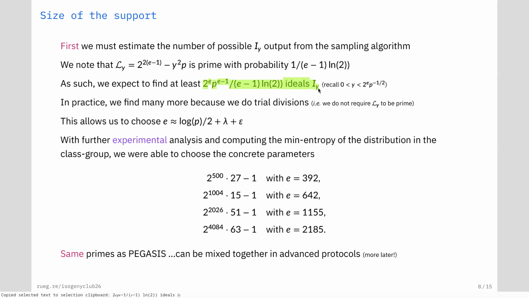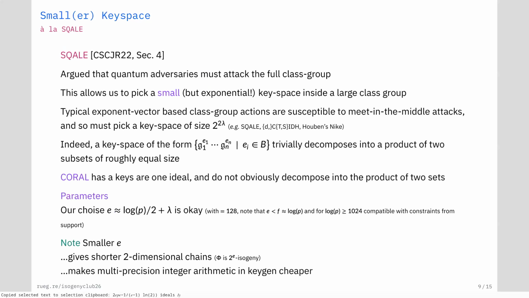We don't need to do an iterative action like one needs to do in the CSIDH family. So in particular, the key space doesn't obviously decompose into the product of two sets, and at least we don't think that Coral is susceptible to meet in the middle attacks.